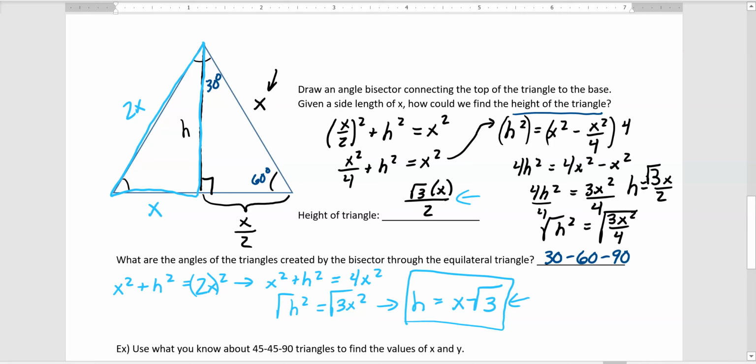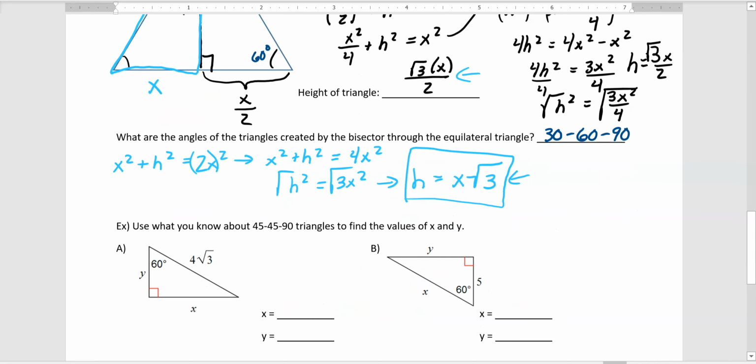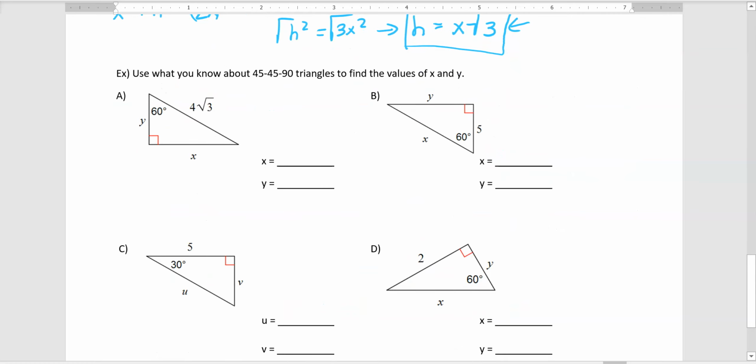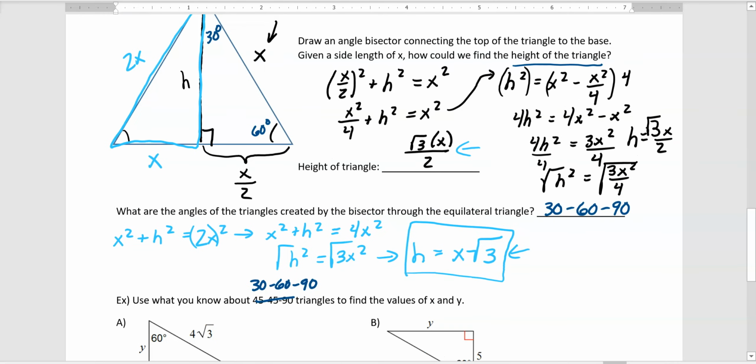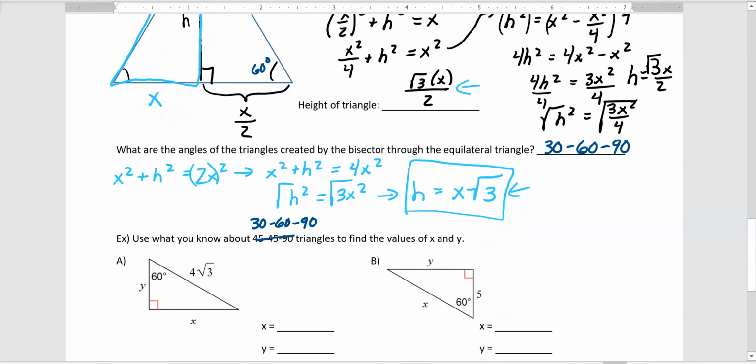So let's see what happens when we do some sample problems. So this should say 30, 60, 90. How embarrassing. Okay. So this time they gave us the hypotenuse. So let's think about our relationship here. Our hypotenuse is 4 root 3. Our short side is half of that.